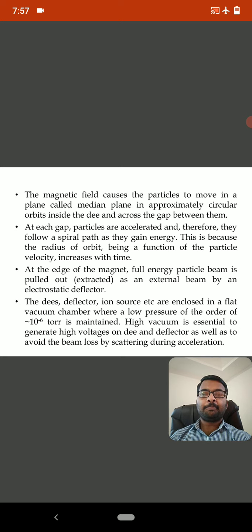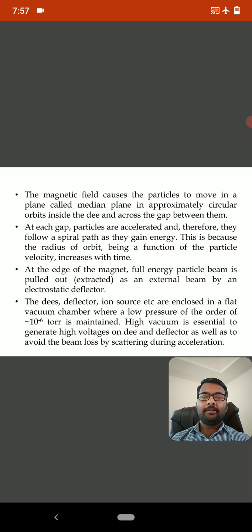The D's, the deflector, ion source, etc. are enclosed in a flat vacuum chamber where a low pressure of the order of 10 raised to minus 6 torr is maintained.